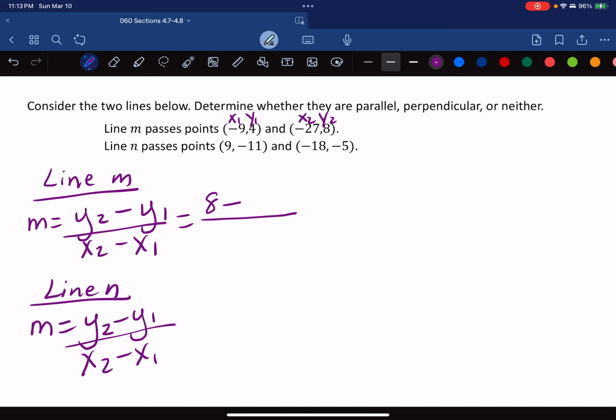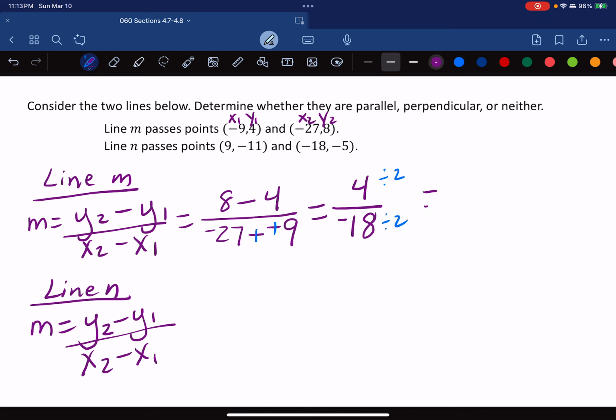So 8 minus 4 over negative 27 minus negative 9. Minus a negative is the same as adding it. So 8 minus 4 is 4, and negative 27 plus 9 is negative 18. 2 goes into both of these evenly, which will leave me with negative 2/9.